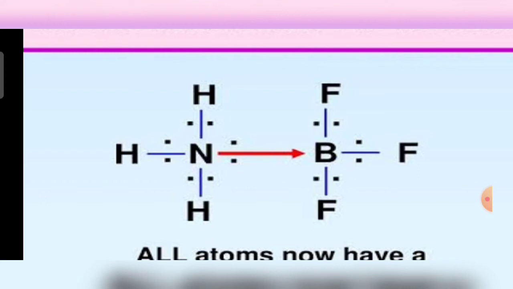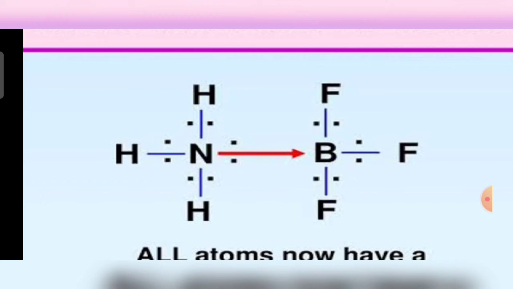In the ground state it has 3 electrons, and when combined with fluorine it will have 6, and it still requires 2 electrons to complete its octet.